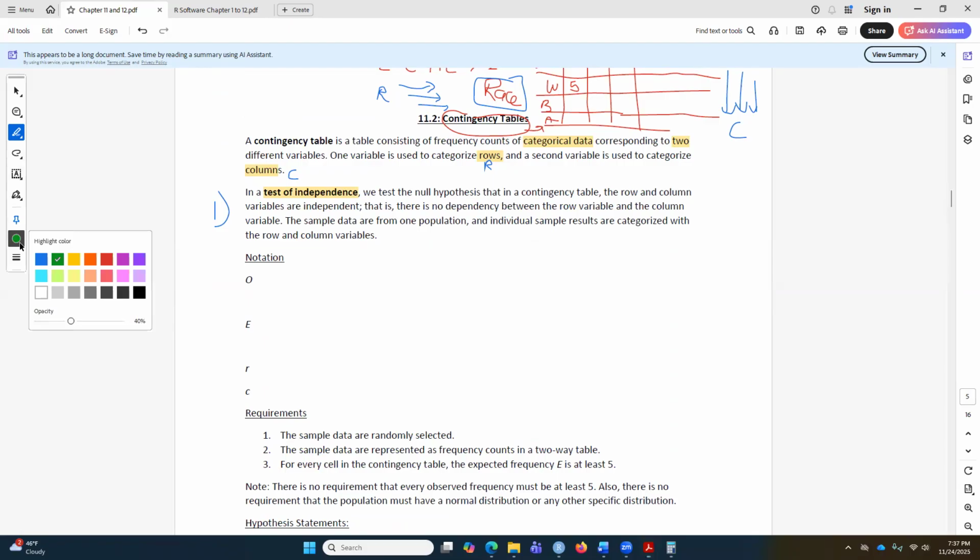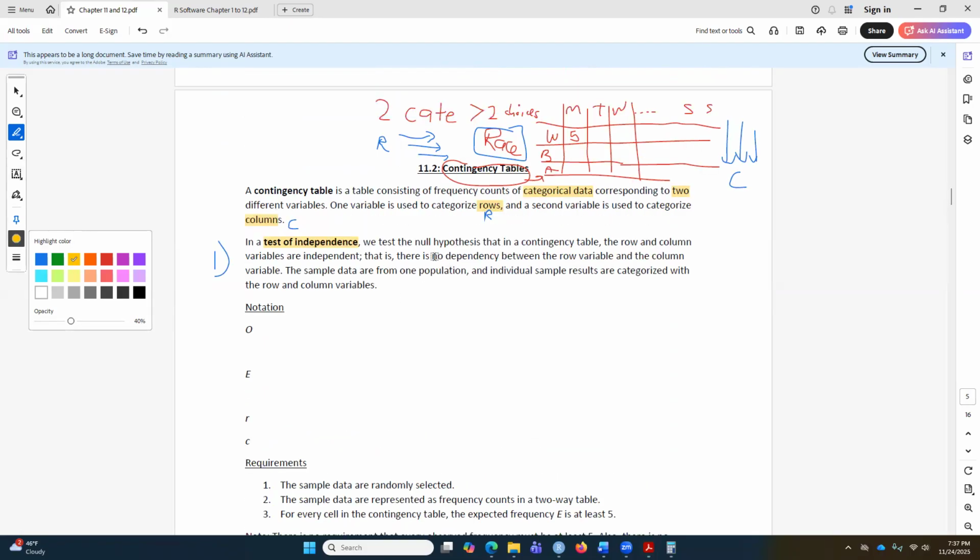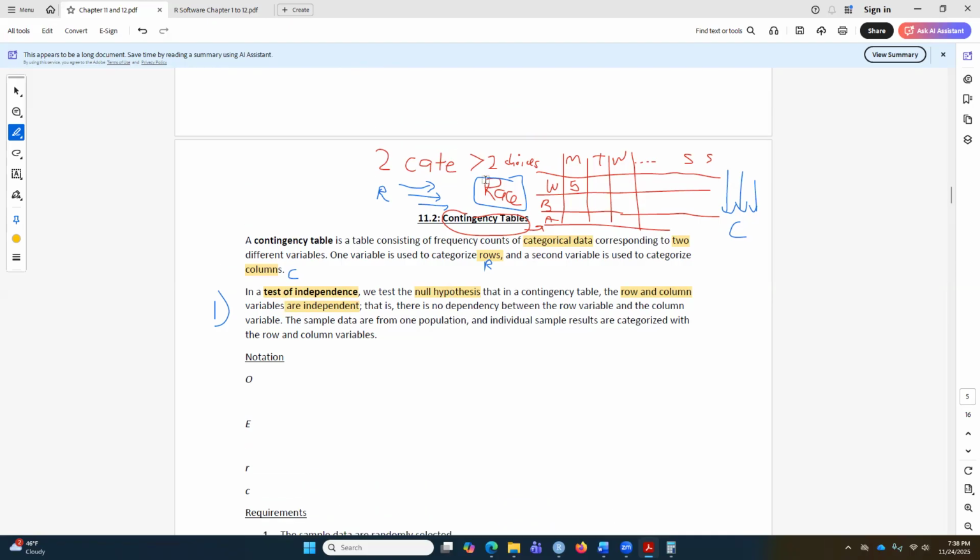What does the test of independence mean? The test of independence is where the null hypothesis H0 of the contingency table says that the rows and columns are independent. What do we mean by independent? Independent means these two variables, the race and the days, have nothing to do with each other.